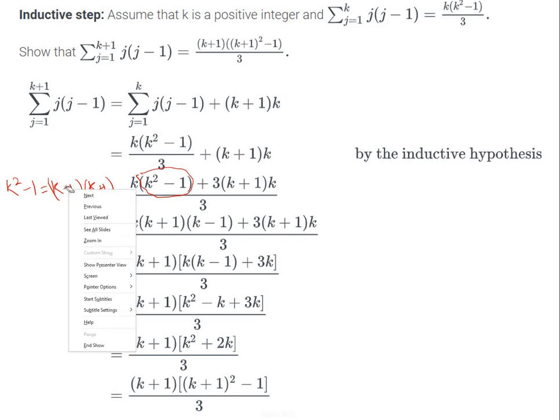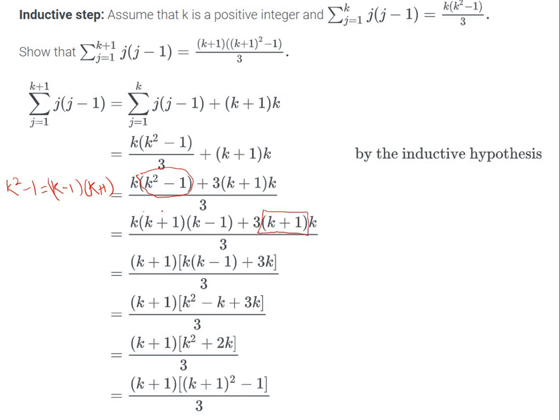So then you can see that there's a common factor over here. k plus 1 is common over here, and in this term also. So you factor these two out, and you're left with k, and then k minus 1 over here, and then 3 times k over here. And now you have to simplify the term in the bracket.